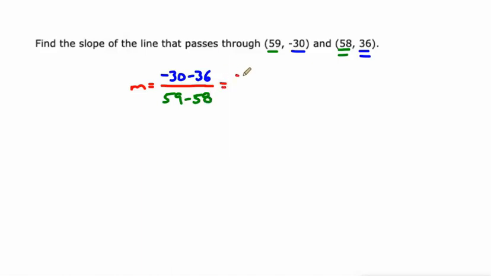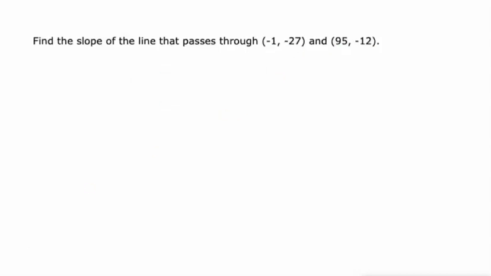So that gives us negative 66 over 1, which we can just go ahead and call negative 66. Meaning the value of the function, or the value of the line, goes down 66 units every time x goes up 1.